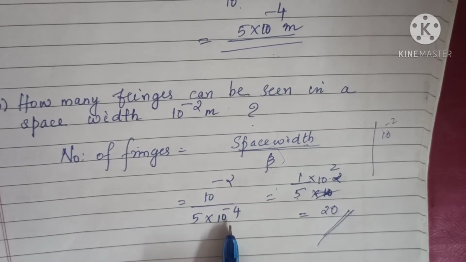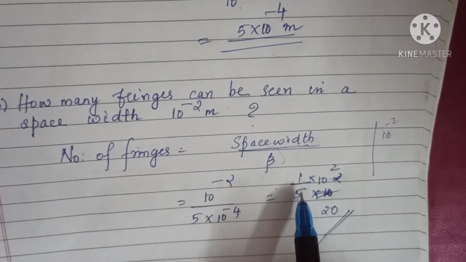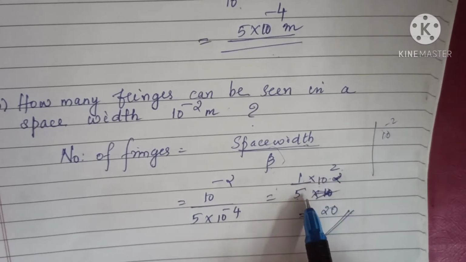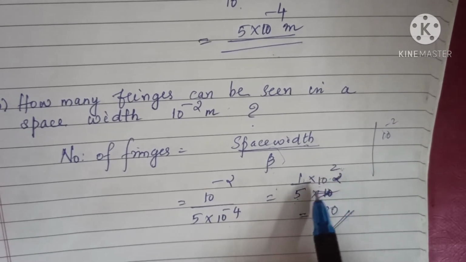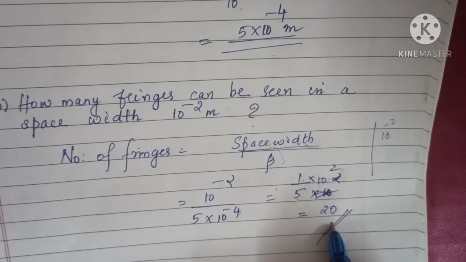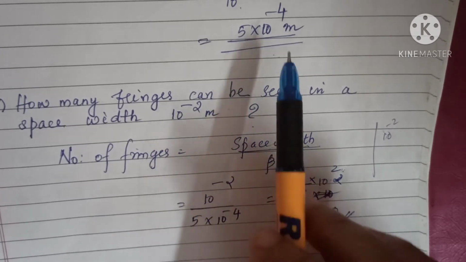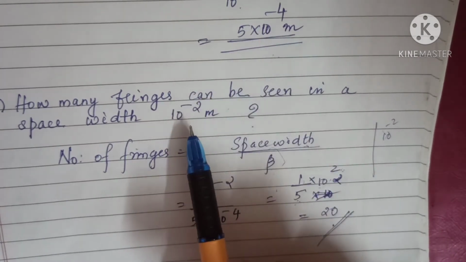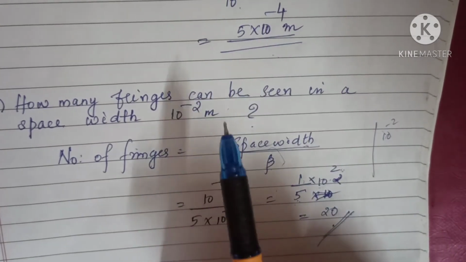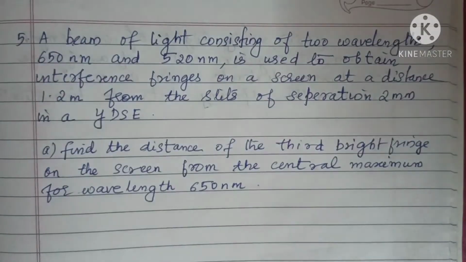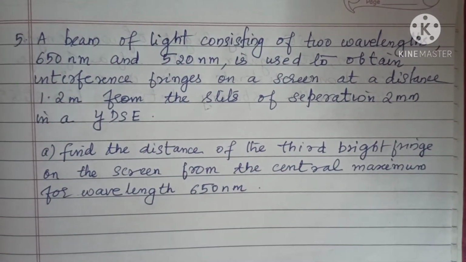It is 5 into 10 power minus 4. So after substitution you will get 1 by 5 into 10 squared, or 10 squared is 100 by 5, which is 20. So how many fringes can you see there? If the fringe width is 5 into 10 power minus 4 and the space width is 10 power minus 2, you will get 20 fringes. So let us move to the next question.